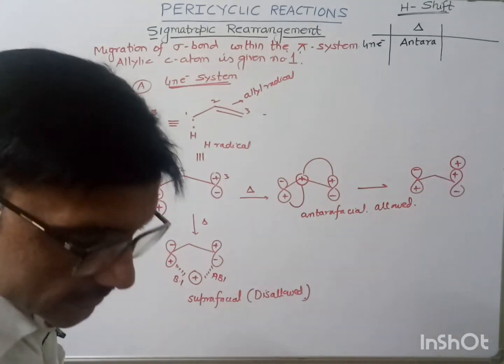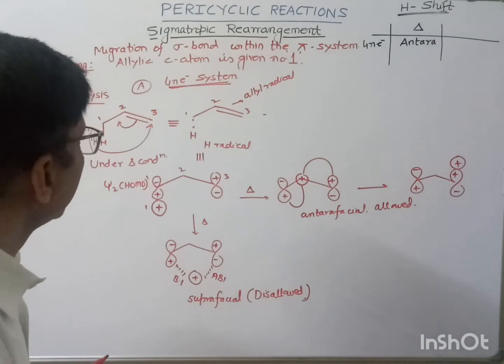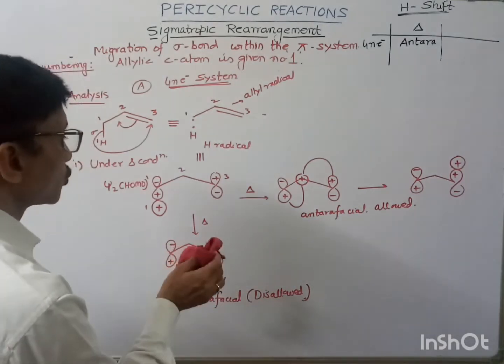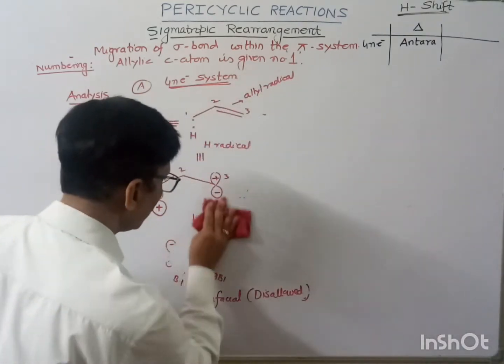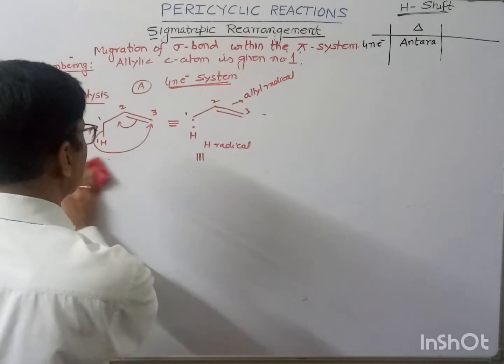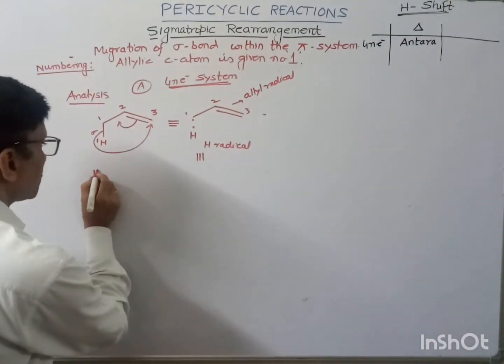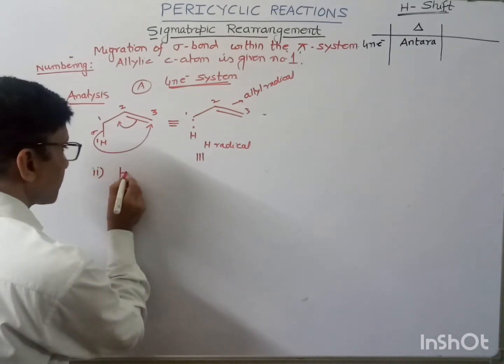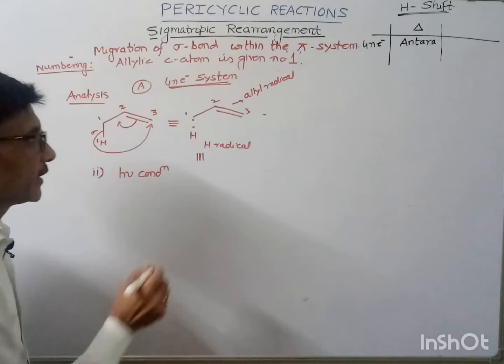Now let us see for our 4n system under photochemical condition. If you see for photochemical condition, what should we write here?